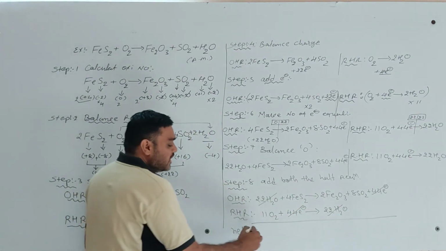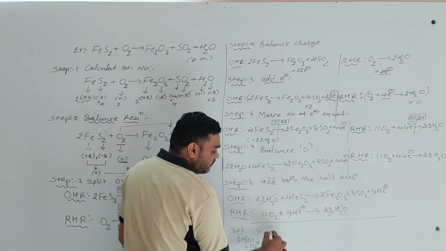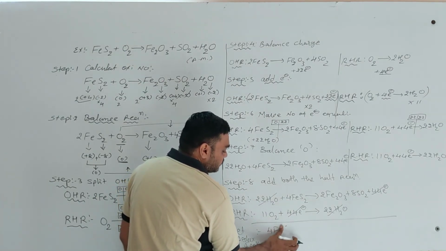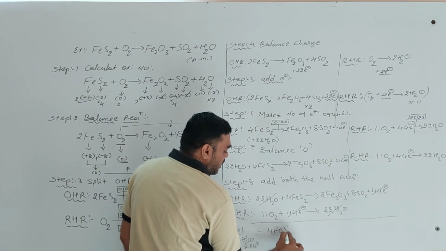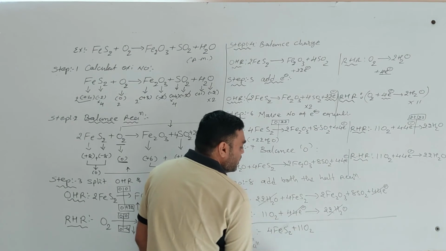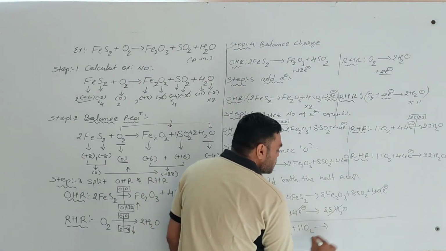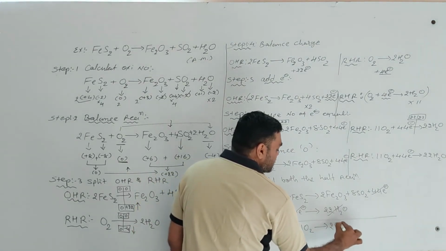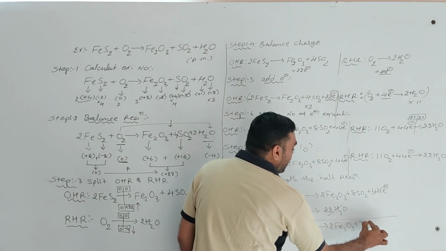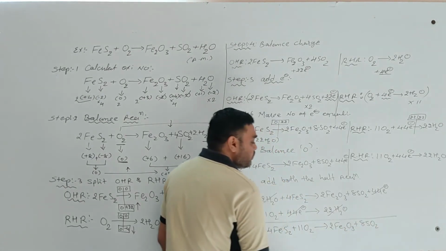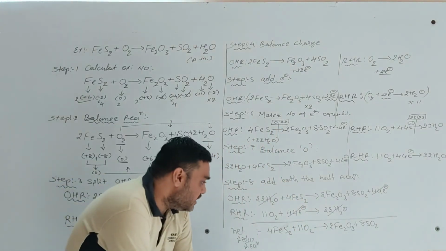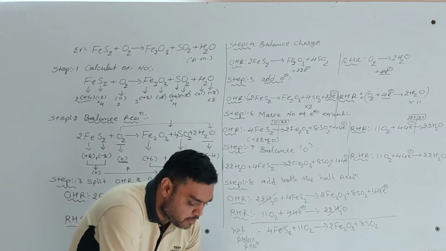So finally you will get the balanced redox reaction: 4 FeS2 plus 11 O2 gives 2 Fe2O3 plus 8 SO2. That is your balanced reaction.